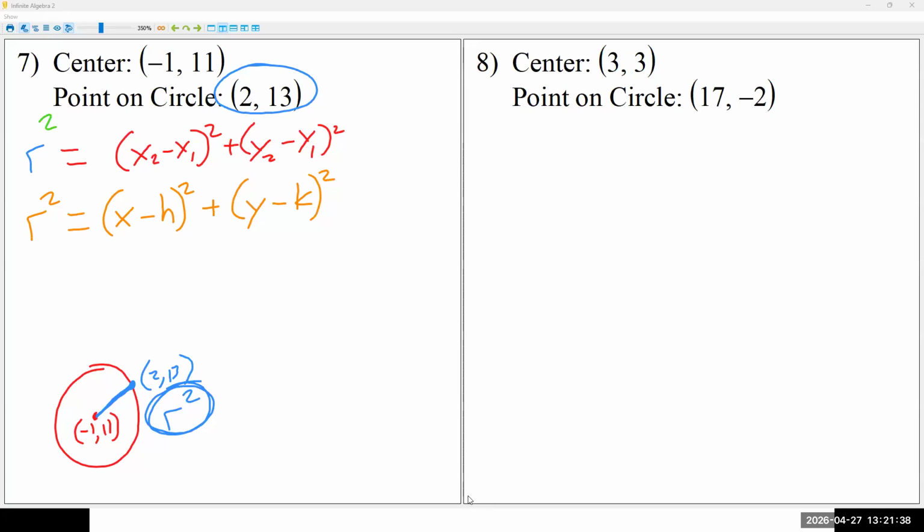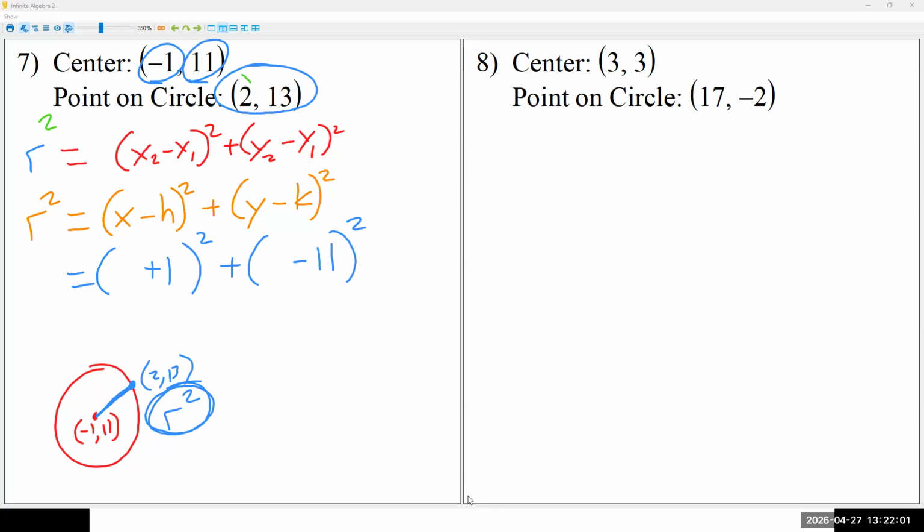I don't know what r is, so I'm not going to plug in for it. H and K are my center, so I'm going to keep those the same. I have a -1, so I'm going to put a +1. I have an 11, so -11. Well, now I'm actually going to plug numbers in for x and y.